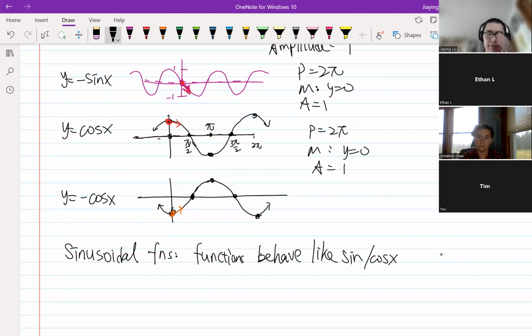They repeat. They're periodic and they have fixed amplitude, fixed midline, and period. But the period may not be 2 pi. The amplitude may not be 1.